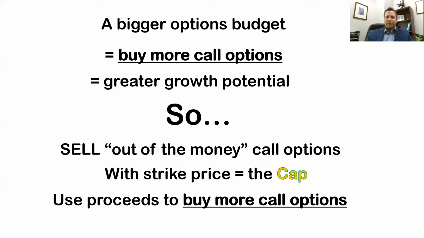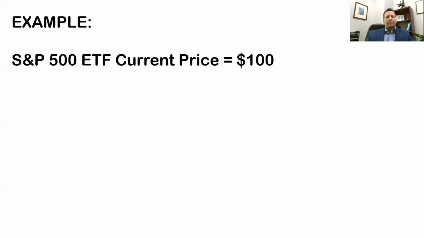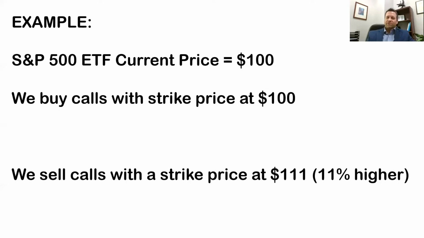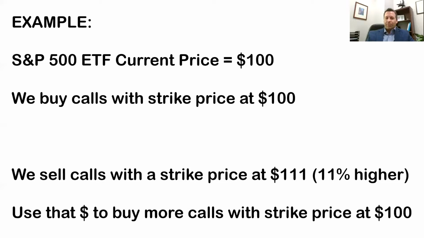So I have an example here to walk you through it. Let's say the S&P 500 ETF current price is $100. We buy calls with a strike price equal to $100. We knew that. We also sell calls with a strike price at $111, which is 11% higher. We use that money to buy more calls with a strike price at 100.